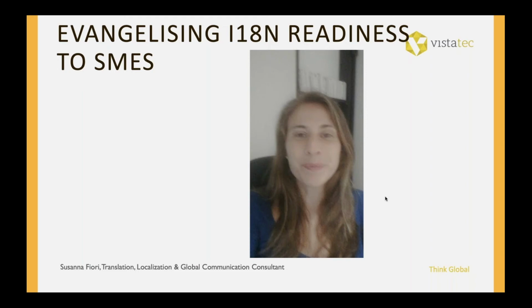So this can be used as an argument to push for internationalization compliance, because you're fixing bugs early and you will be saving the company a lot of money. There's a cost analysis there that can be applied based on this study by IBM and other companies.